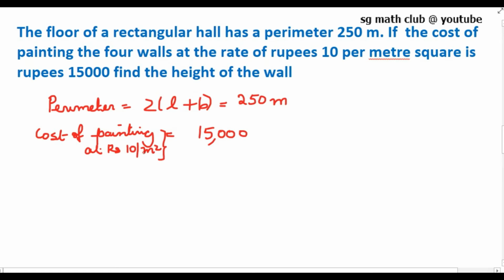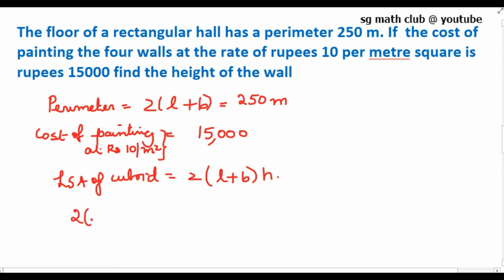So we need to find the height of the wall, and we know that to find the area of 4 walls we can use the formula of LSA of cuboid, which is equal to 2 into (L plus B) into H. And here we know 2 into (L plus B) is 250. H we don't know. Let H be the height of the wall. Now the cost of painting at rupees 10 per meter square is 15,000.